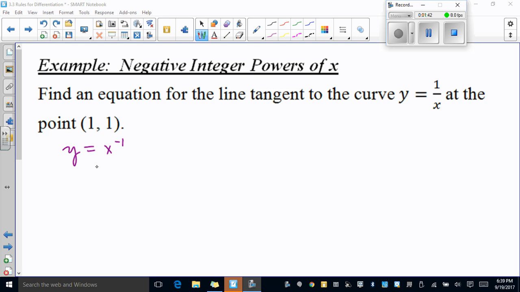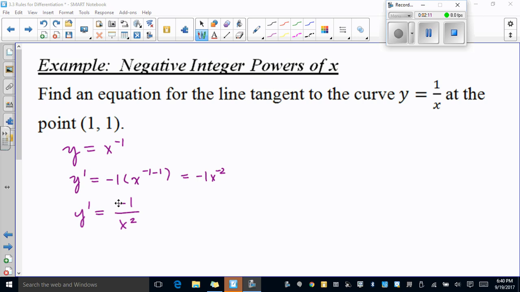So to get y prime, I use the power rule: negative 1 times x to the negative 1 minus 1 power, which is negative 1 x to the negative 2 power. Now we remember we use a negative exponent to bring the x up into the numerator, so we're going to get rid of it so we can put it where it belongs. So y prime is really negative 1 over x squared.